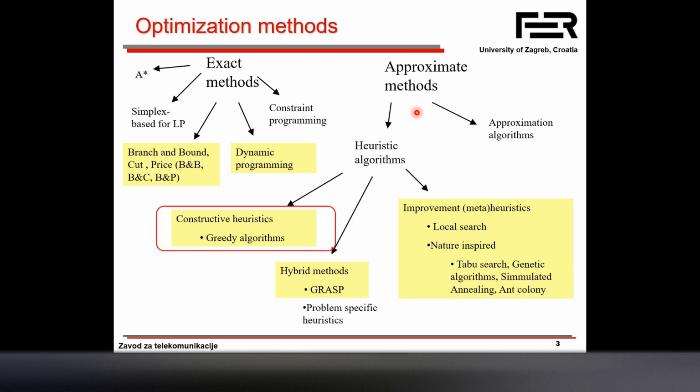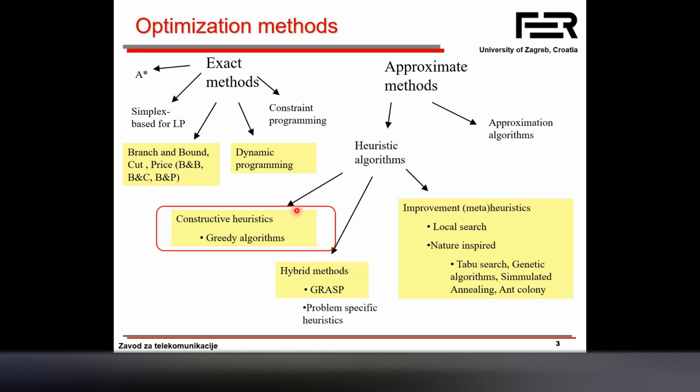When we talk about approximate methods, we can look at approximation algorithms, where we have some kind of a guarantee on the bounds, how far we are from an optimal solution. But for simple heuristic algorithms, we generally don't have a guarantee on how far we are from the optimal solution.